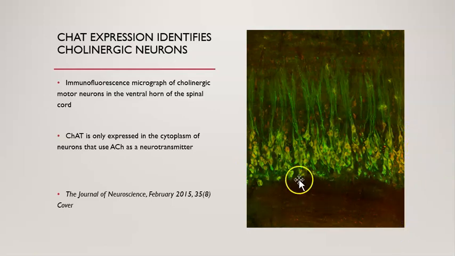Here, this would probably be a muscle, or other types of neurons that do not contain CHAT, so these are not cholinergic cells, but these are cholinergic cells. CHAT is also only expressed in the cytoplasm of the neurons. We see it mostly in the soma, but a little bit in the axons, because that is where acetylcholine is synthesized.